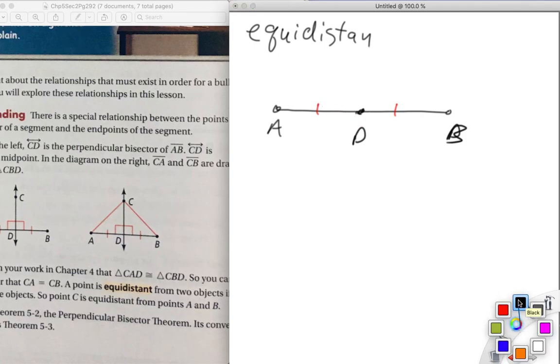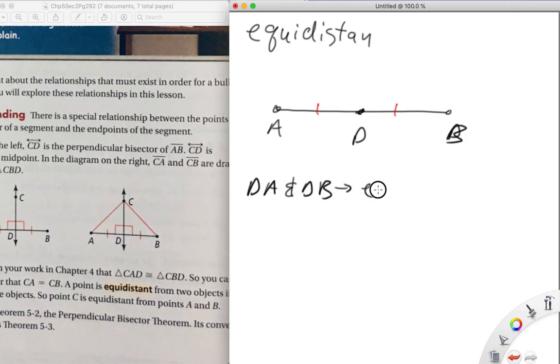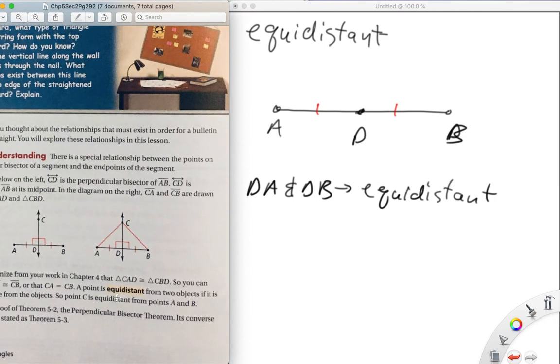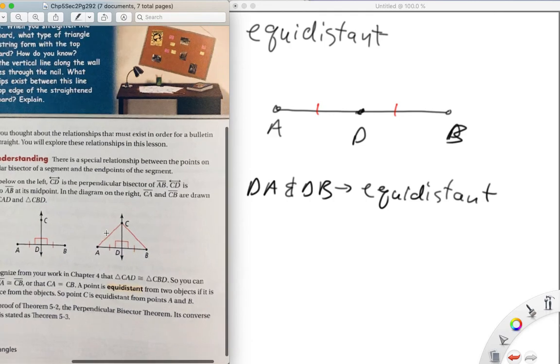So from D to A and from D to B, they would be equidistant. What equidistant means is that it's the same distance from these two spots. So this is the same and this is the same. Equal distance from a given point. So from D to A and D to B, they're equidistant. They're the same distance from a given point.